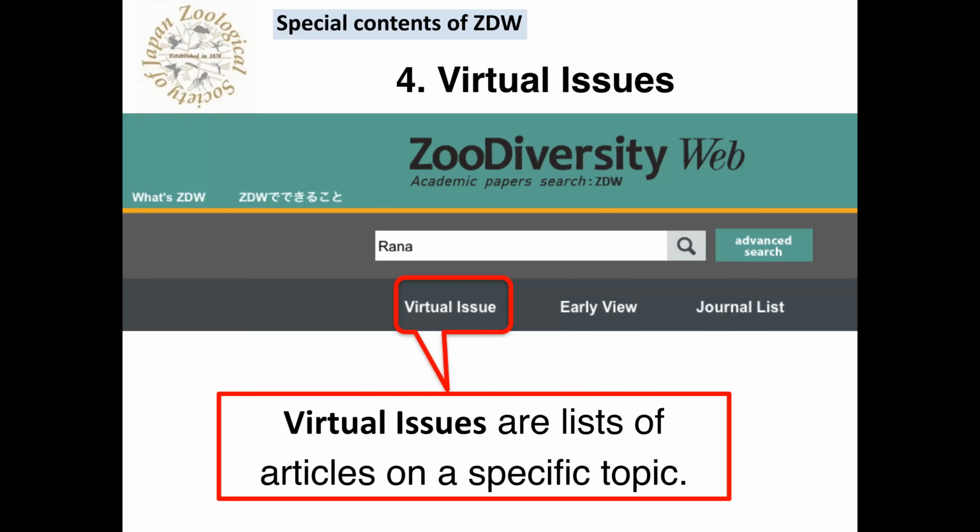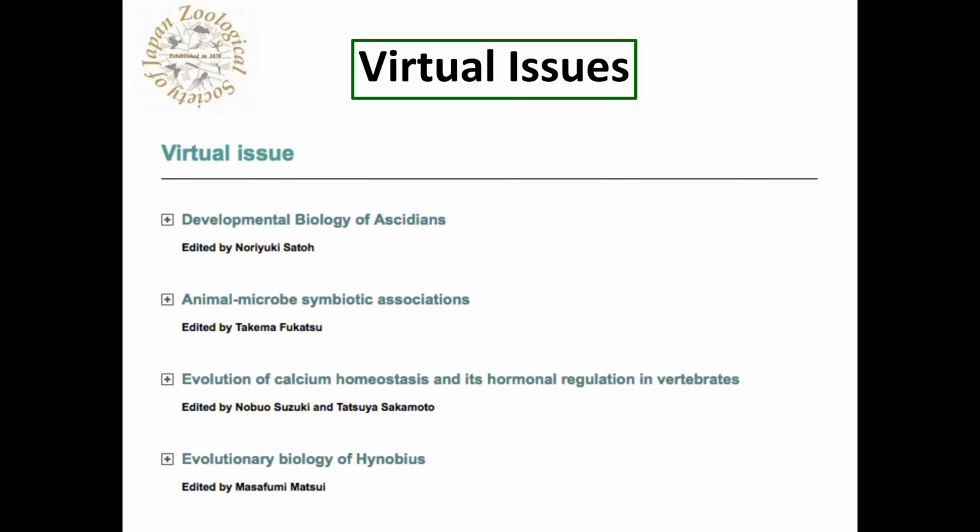If you want to look at the special contents that are available on Zoo Diversity Web, these are the virtual issues. Virtual issues are lists of articles on a specific topic. If you click on the virtual issue button, you then get a list of the virtual issues. For example, I'm going to click on evolution of calcium homeostasis and its hormonal regulation in vertebrates.